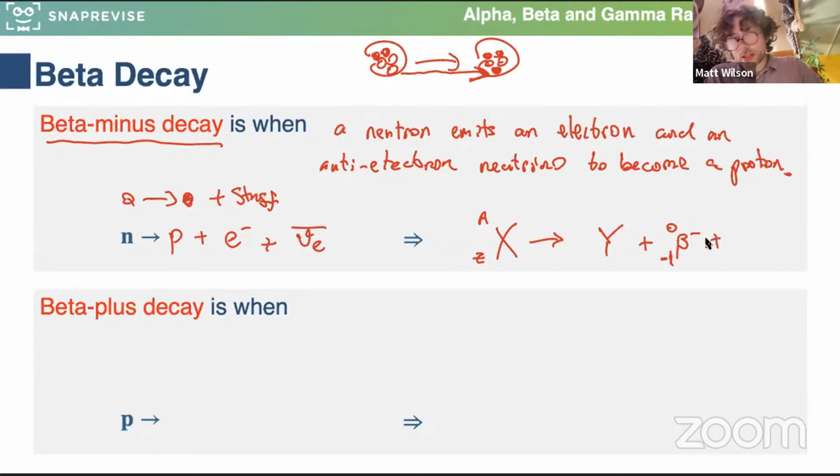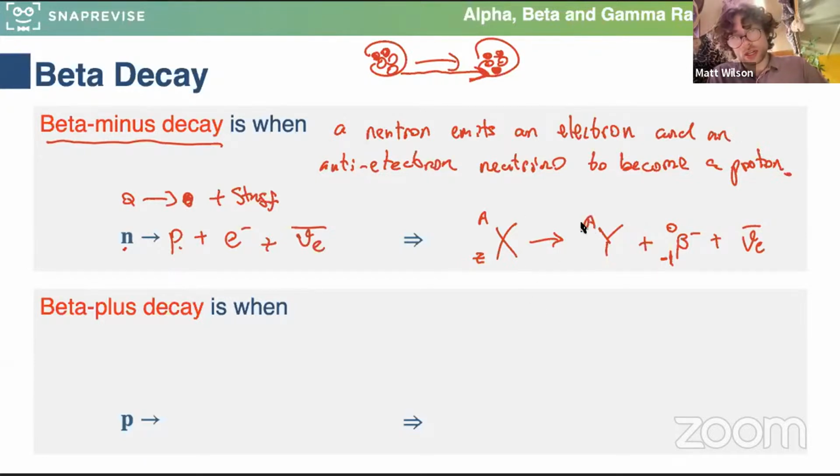We know that we got an anti-electron neutrino. So let's put that down. Good. And now we need to look at these numbers here. Well, this new atom that we have is going to have the same number of nucleons as before. We know that because one neutron has become one proton. So the change in the number of protons plus neutrons is zero.